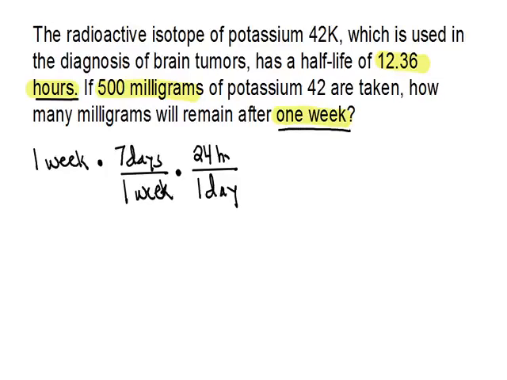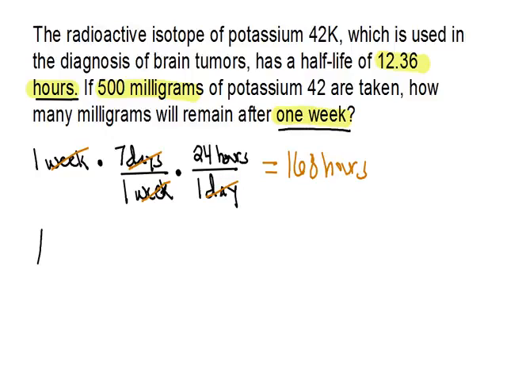I'm doing a little bit of old-fashioned dimensional analysis here. It's very much like fractions. If it's on the top and the bottom, it divides out. So there goes the weeks, there goes the days. My ending unit will be hours. So 7 times 24, that's 168 hours that we're being asked to figure out here.